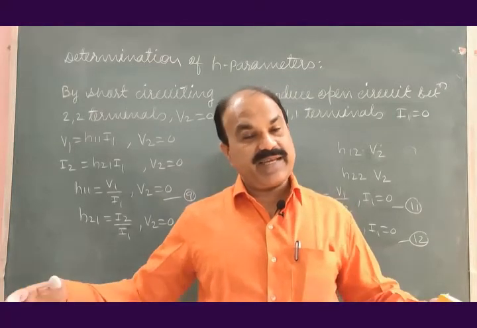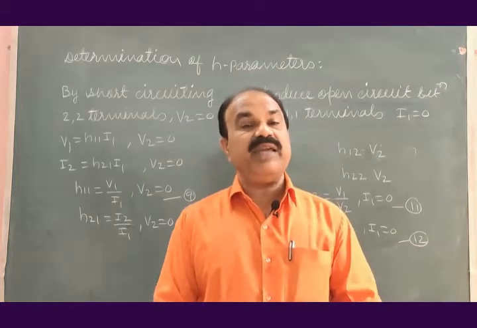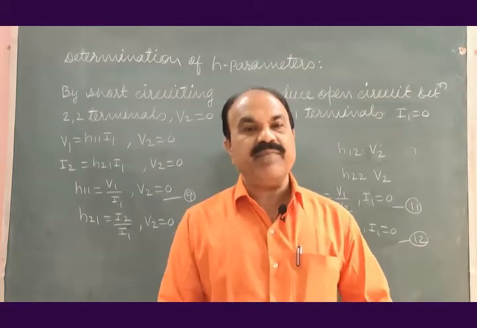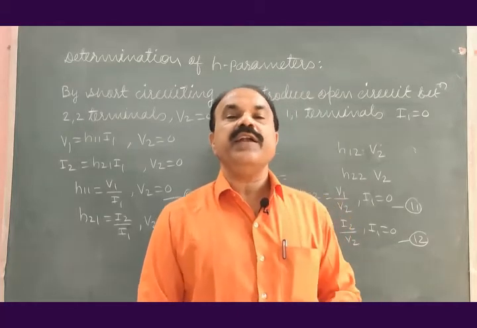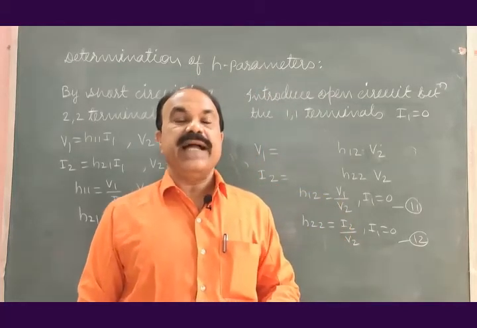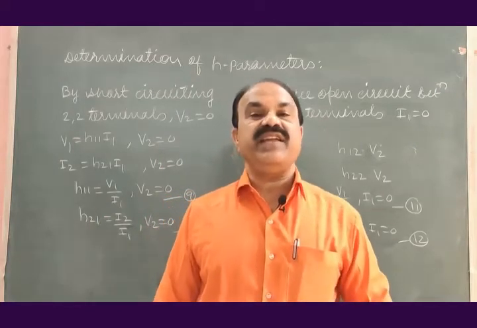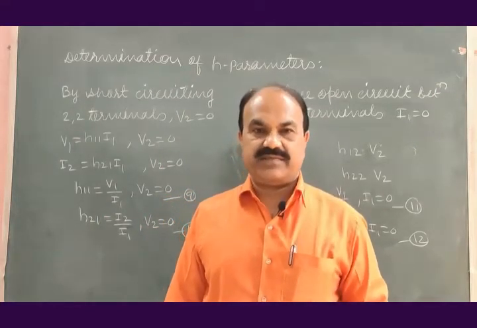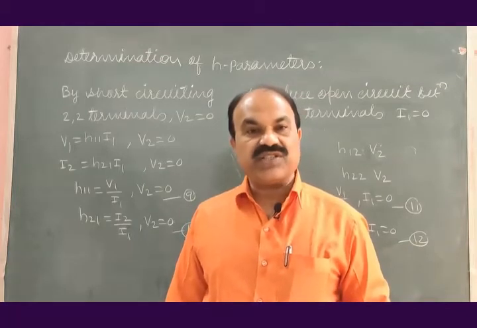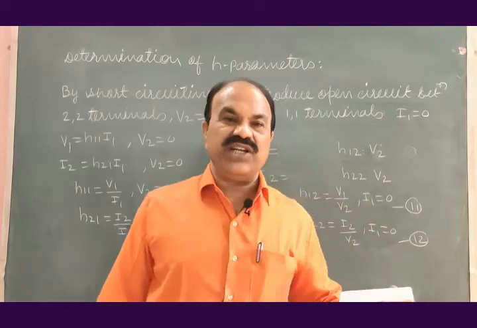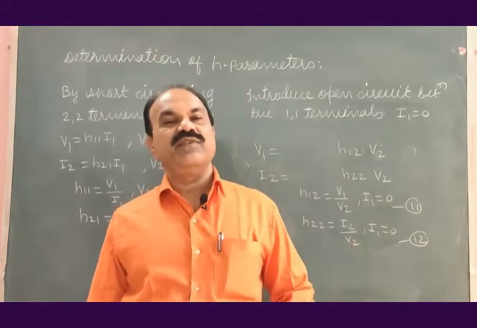When we take these parameters together, there will be a mixing of the different parameters, and therefore these parameters are known as hybrid parameters. Two of these are dimensionless, forward current gain and reverse voltage gain.